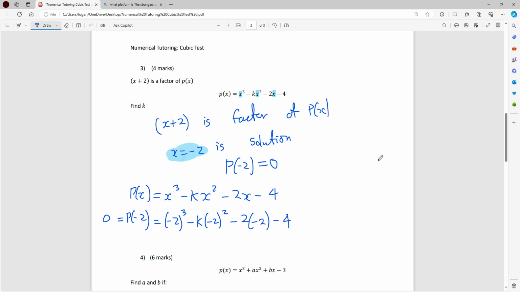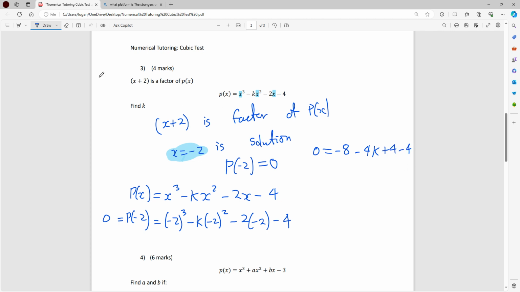So if we simplify this, we have 0 equals, this is going to be negative 8, then that will be negative 4k, because negative 2 squared is positive 4, but you've got a negative k, and this bit here will be positive 4 minus 4.